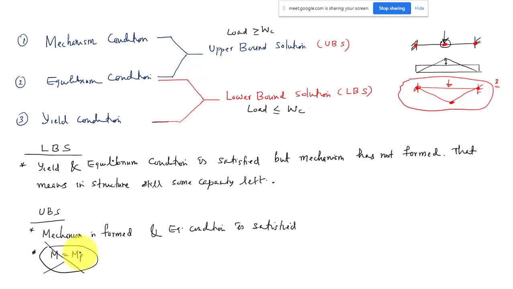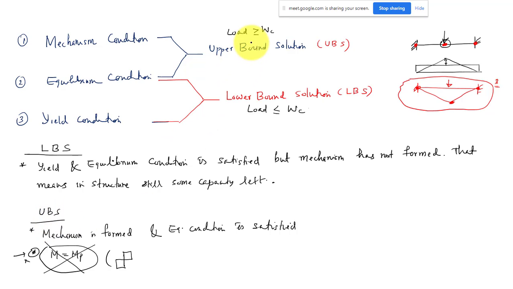This condition is not satisfied in the upper bound solution. Okay, because for example the structure may be too slender, so before reaching this level, it may collapse somehow. Something like that. So that is why this condition is not satisfied in the upper bound solution.